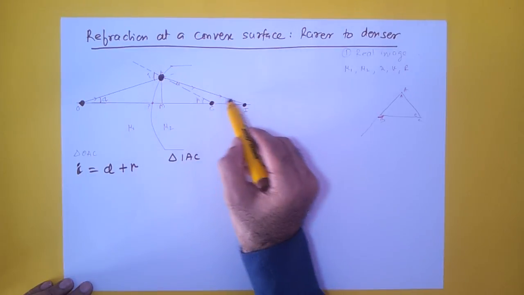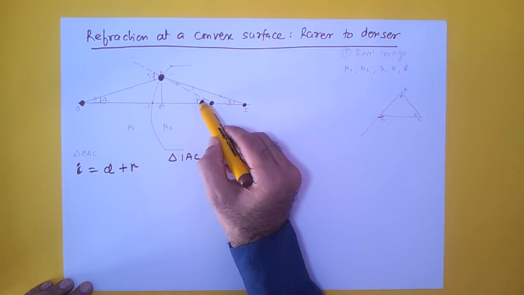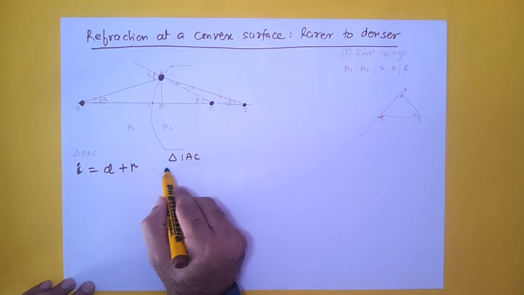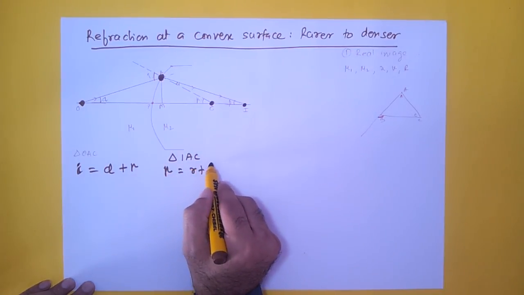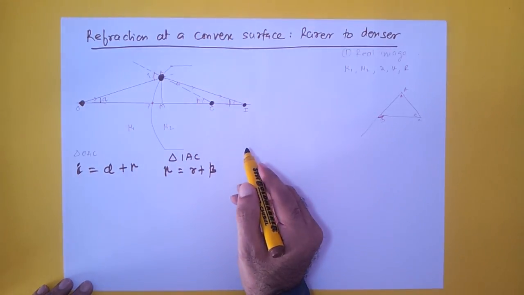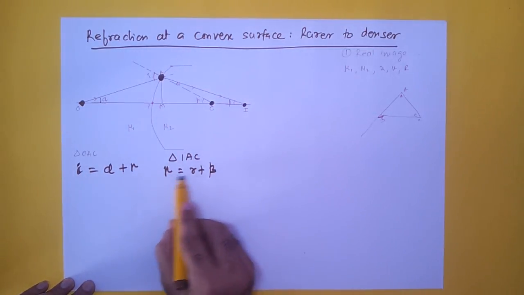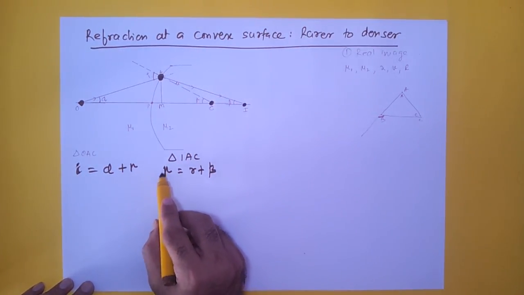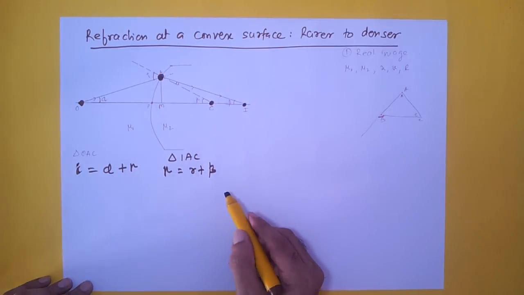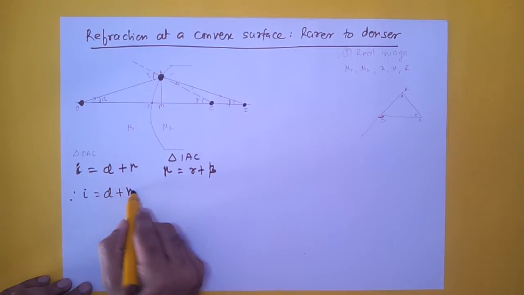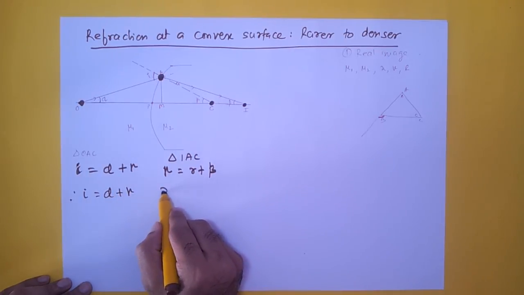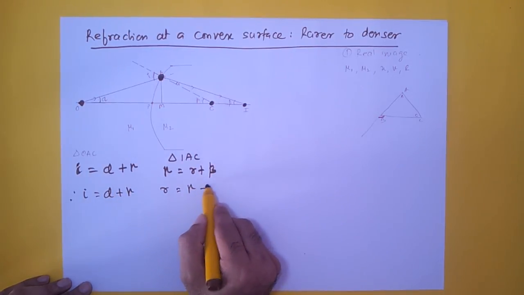Beta and r are the internal angles and gamma is the external angle. So in this case, I'll write down gamma is equal to r plus beta. We'll have to be very, very careful with these symbols. I'll show gamma as this and r as this. Right? And therefore, I can write down i is equal to alpha plus gamma and r is equal to gamma minus beta.